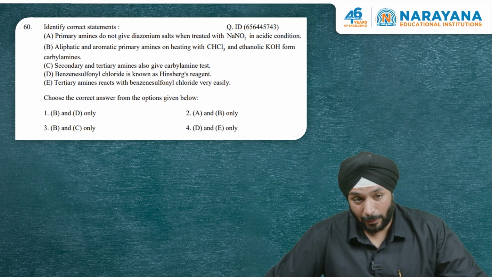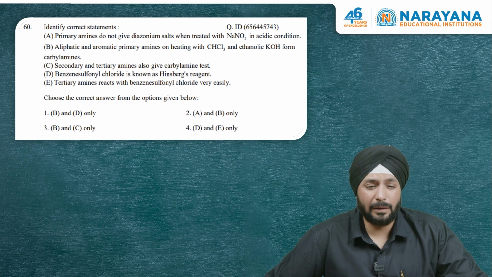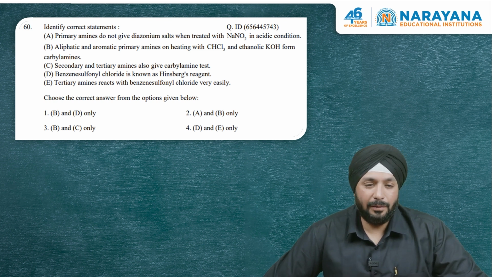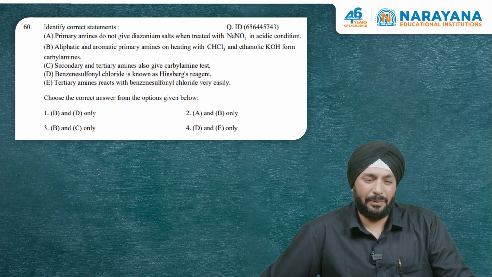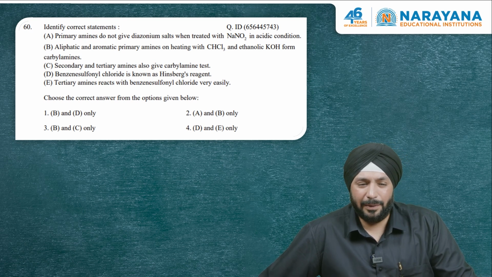Benzene sulfonyl chloride is known as Hinsberg reagent. That is correct. Tertiary amines with benzene sulfonyl chloride react very easily? No, it doesn't react with benzene sulfonyl chloride very easily. A tertiary amine cannot.